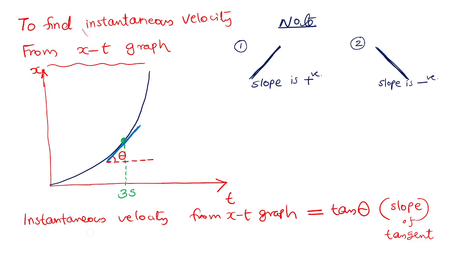Let me write it in a sentence. The third point is, the more vertical the tangent, the more the magnitude of slope.